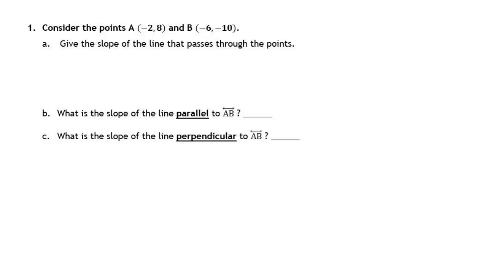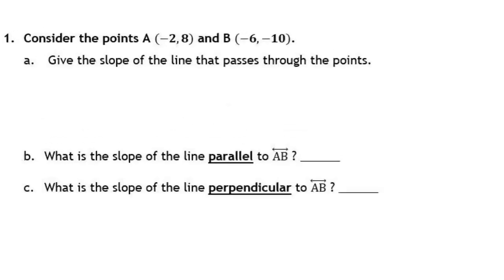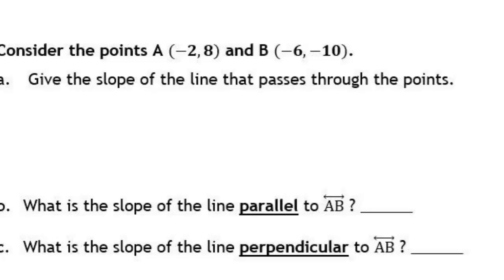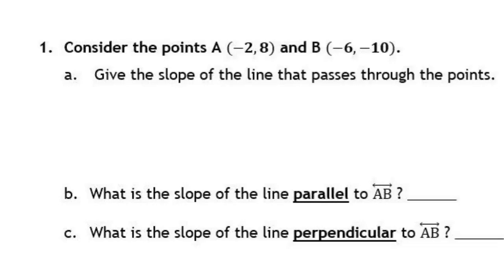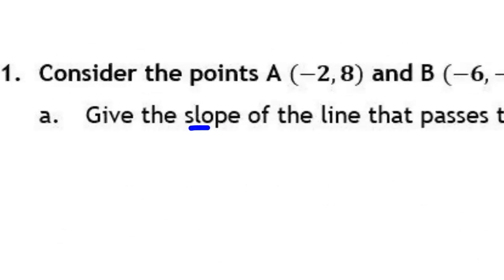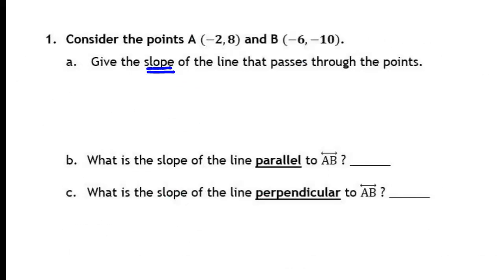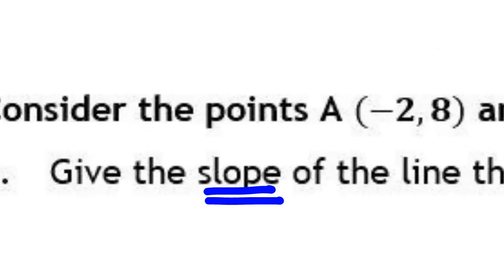All right, let's look at number 1. Consider the points A (-2, 8) and B (-6, -10). Give the slope of the line that passes through the points. So slope would be m.